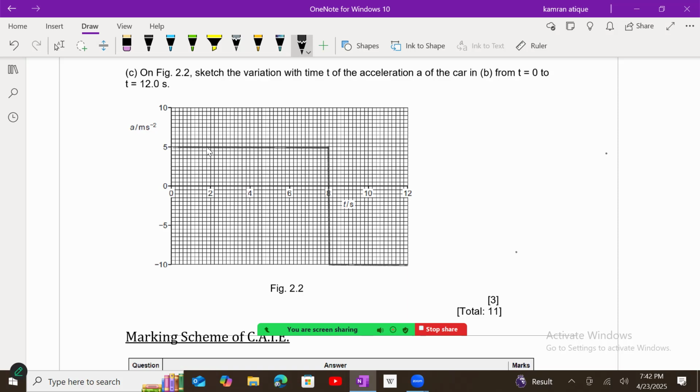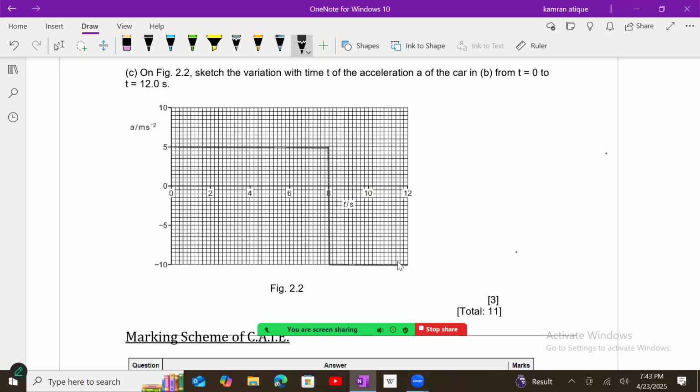So you can see a straight line parallel to the x-axis at a value of plus 5, because acceleration is positive here. And then suddenly in the 8th second, the value changes from plus 5 meters per second square to minus 10 meters per second square for the next seconds.